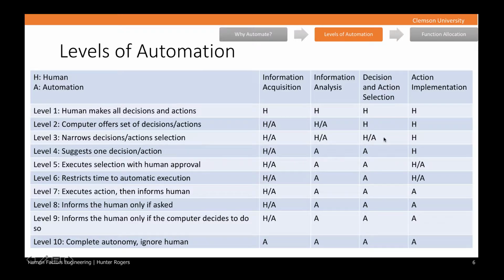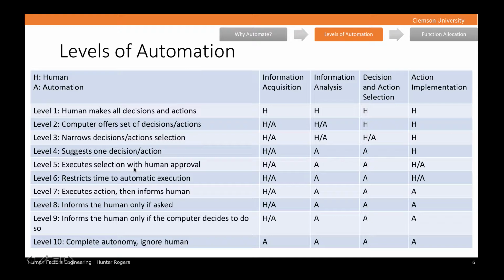So now they've fallen into that decision and action selection portion of that model. Level 4 is where it gets down to selecting or suggesting one alternative, not a range of alternatives. So information analysis and decision and action selection are completely autonomous. Now level 5 is when it executes with human approval.